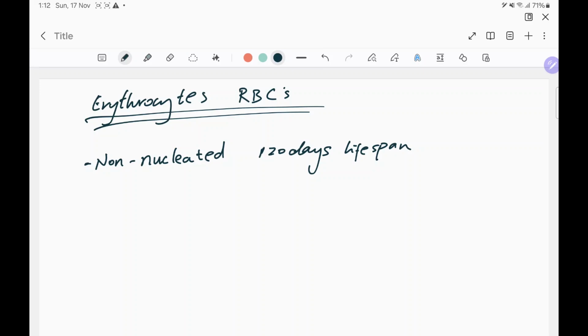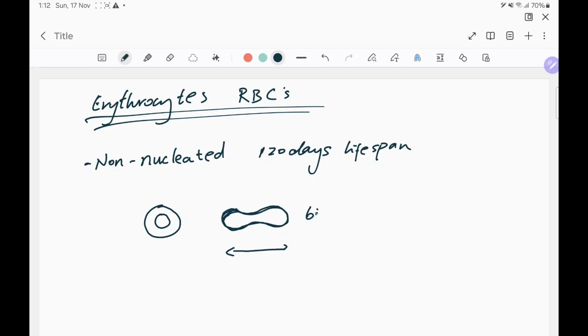Okay, and if we see the RBC, the shape is biconcave. If we look from the side, it's biconcave, two concave surfaces. This is one concave surface, this is another concave surface. You put it together and you get this shape over here.